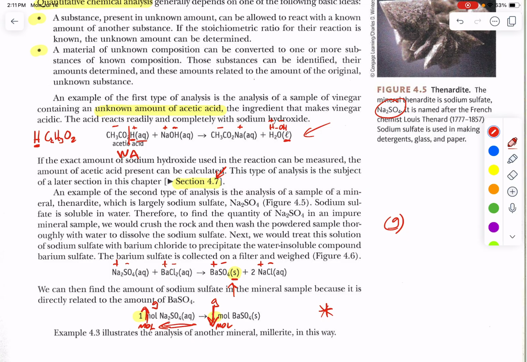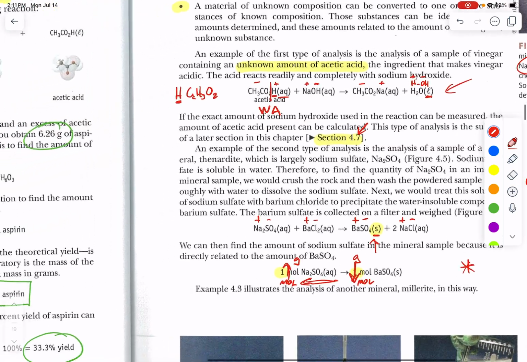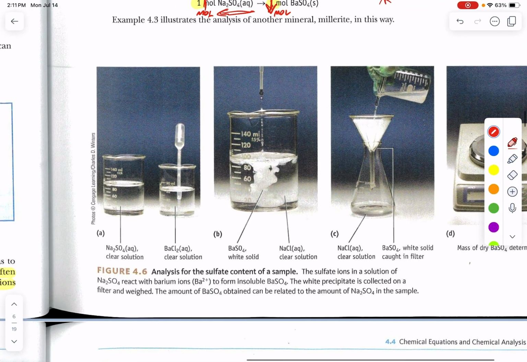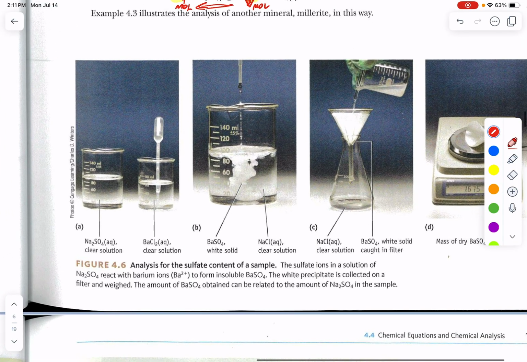You can take the mass of your true sodium sulfate and divide it by the mass of the original mineral, and that's how you're going to get your actual analysis of how much sodium sulfate is in that thenardite.